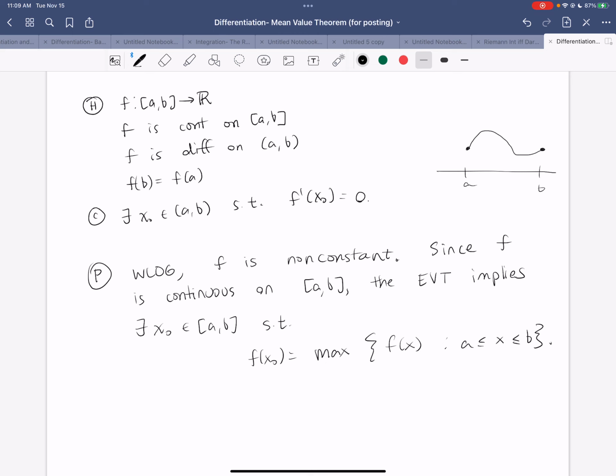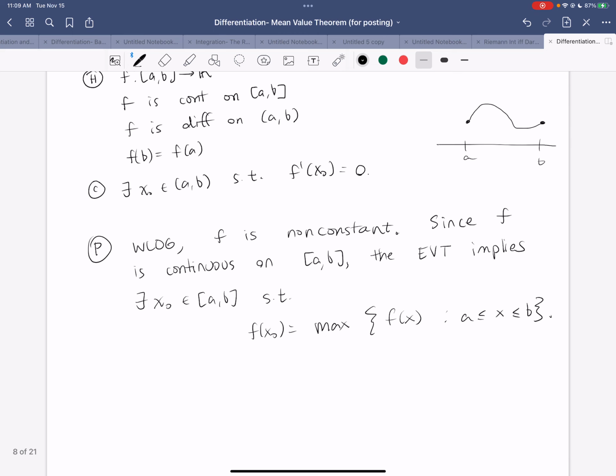Okay? Now, by our last theorem, it suffices to show that x0 actually belongs to the interior, right?